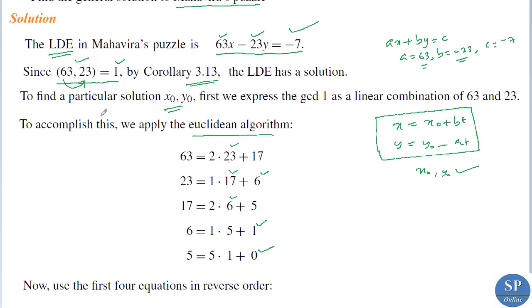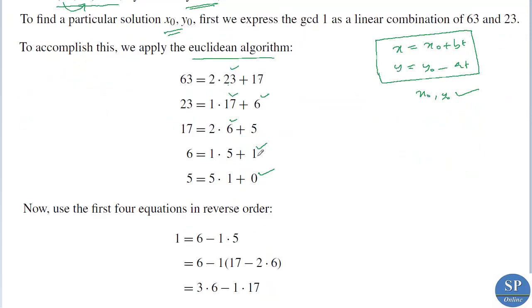So in reverse order, we get 1 equal to 6 minus 1 into 5. Now we can replace 5 by 17 minus 2 into 6.